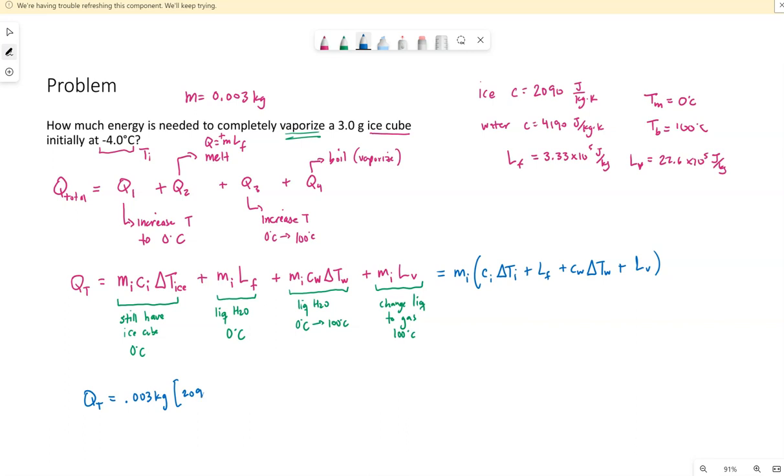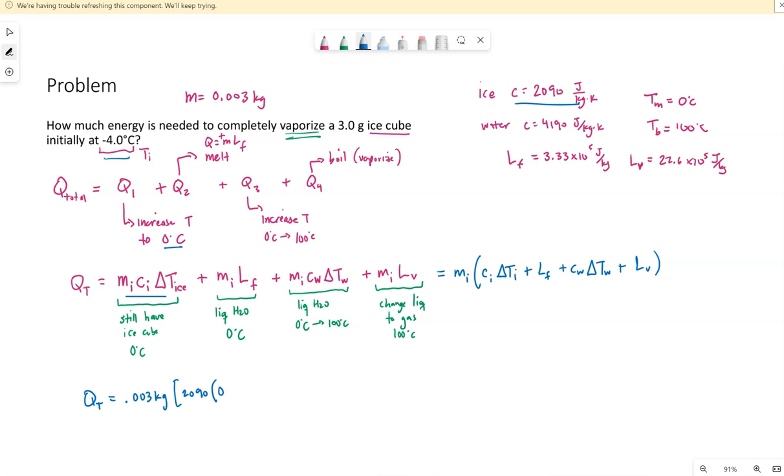We have to multiply that by the 2090 C of the ice, the change in temperature the ice goes through. Well, the ice itself starts at -4 degrees Celsius and it goes to 0 degrees.